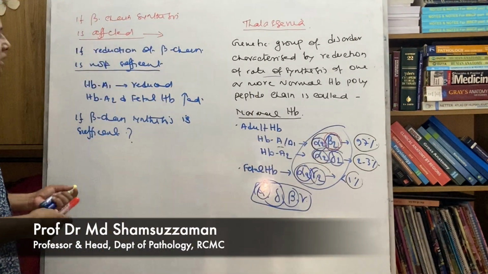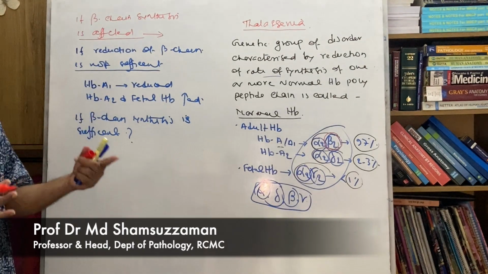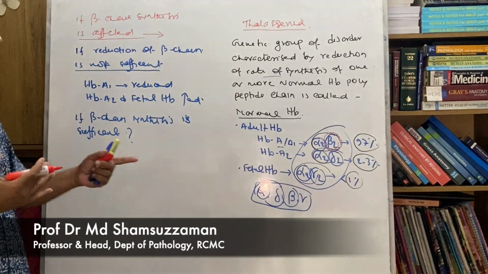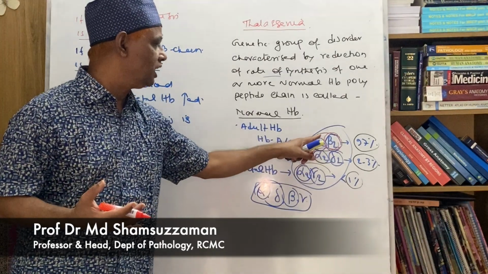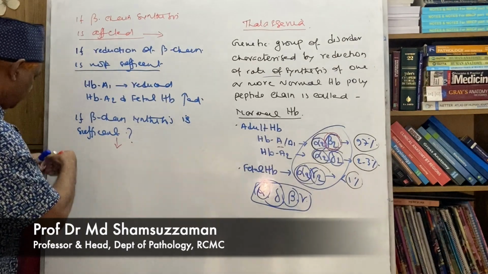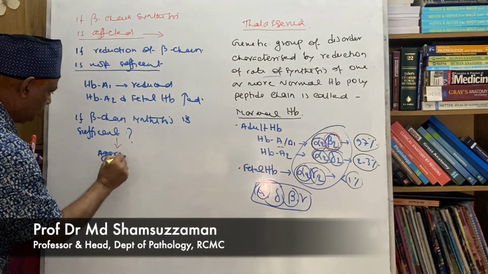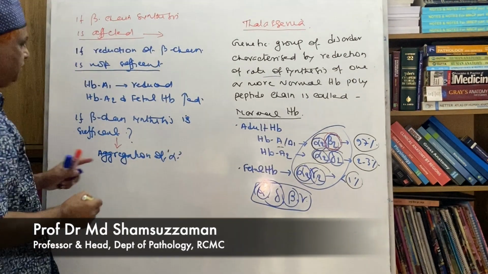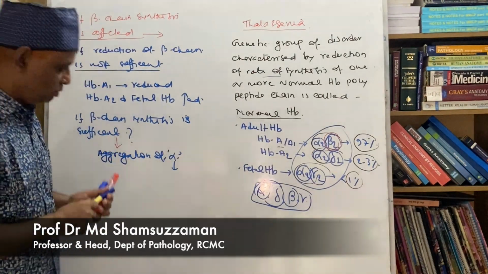Alpha chain will be free and it will not get to produce any A1 in combination with beta chain. So the free alpha chain will be aggregated. So there will be aggregation of alpha chains. And this aggregated alpha is unstable hemoglobin and will lead to hemolytic anemia.